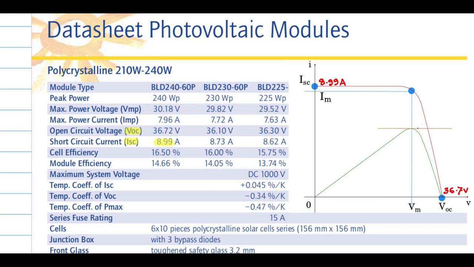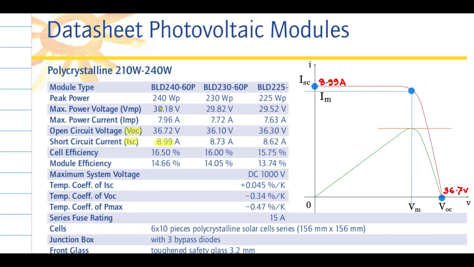Then we also have further parameters, IMP and VMP. IMP is the current at peak power point. VMP is the voltage at peak power point. They correspond to this. This is VMP, for which we have used the term VM, and this is IMP.